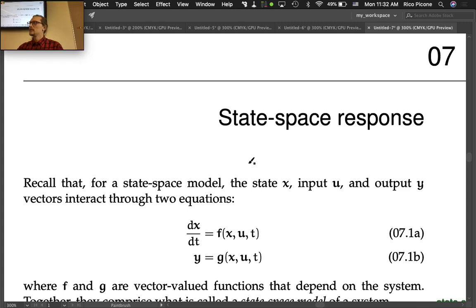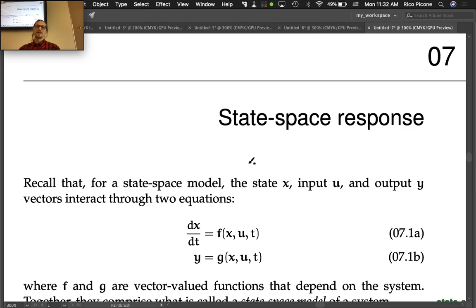But one of the other forms of the system model that we've learned how to construct is the state space model. Thus far we've dabbled a little bit with simulating, in MATLAB, the state space models that we've developed, but we haven't learned how to actually deal with them directly, how to solve those state space models.